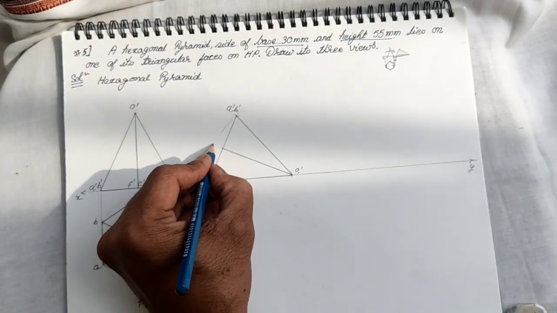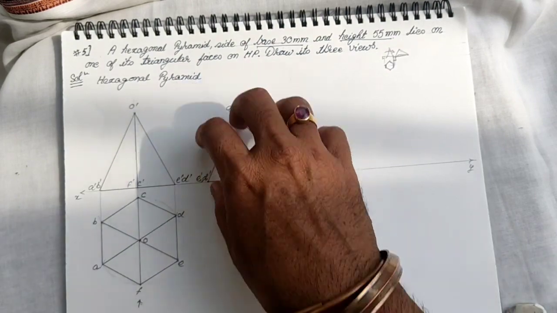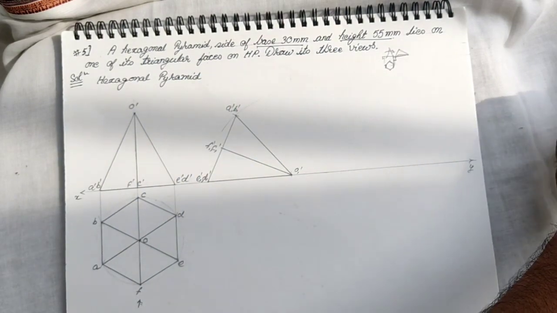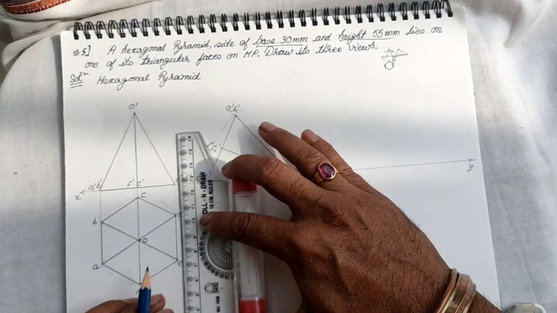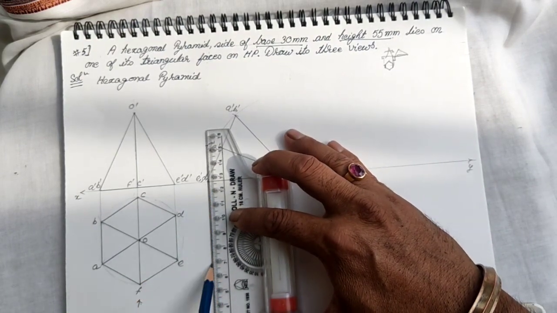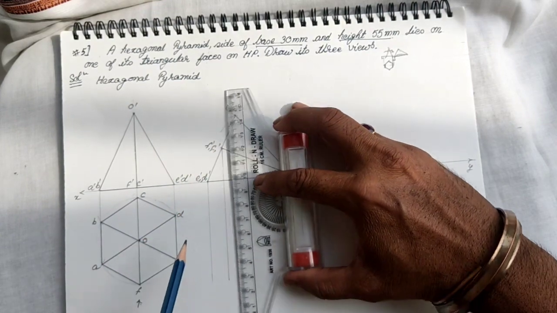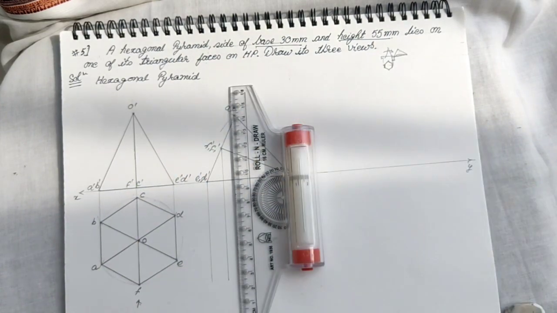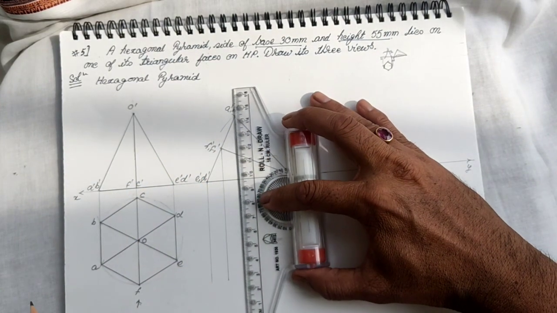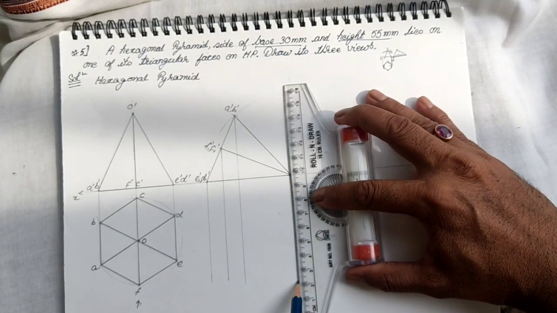So this is F1 dash C1 dash. So now we drop the projectors for the top view. So I drop the projectors from all the base corners, and the apex.